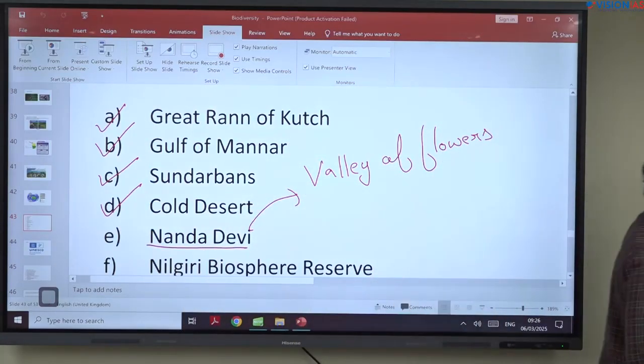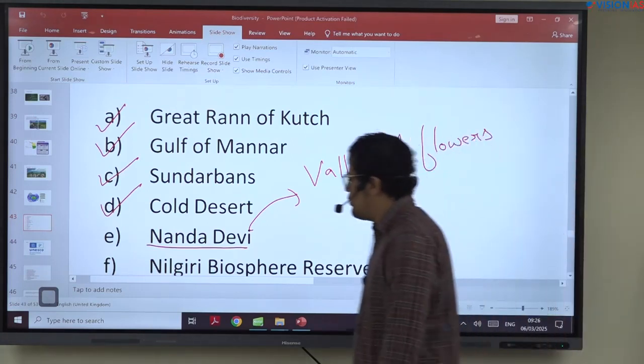Valley of Flowers National Park is a part of this biosphere reserve.